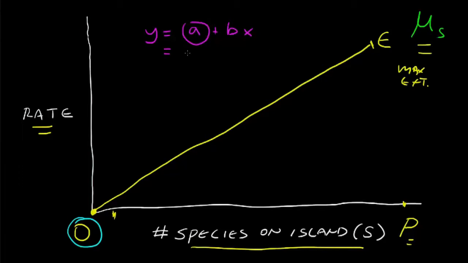So we would write that then as 0 plus our rise over run, which is E over P, times x, which happens to be our S term. And remember now that our slope is positive, so we would have a positive value here. So this equation now gives us a means of better quantifying or better expressing our mu term. So this is the extinction side of things.